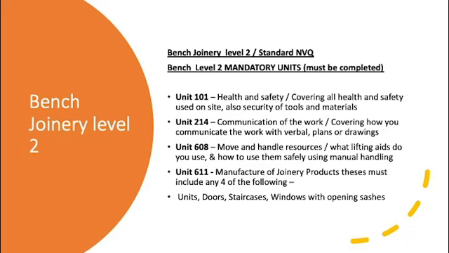Unit 608, move and handle resources, lifting aids used, how to use them safely. Unit 611 is manufacture of joinery products, and just like in site, you only have to choose any 4, and this is the manufacture of a variation of units: doors, staircases, windows with opening sashes.